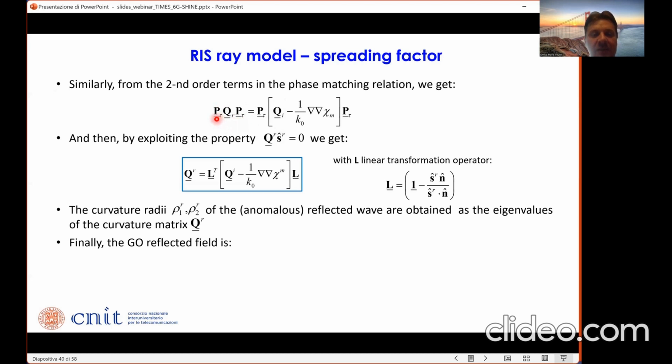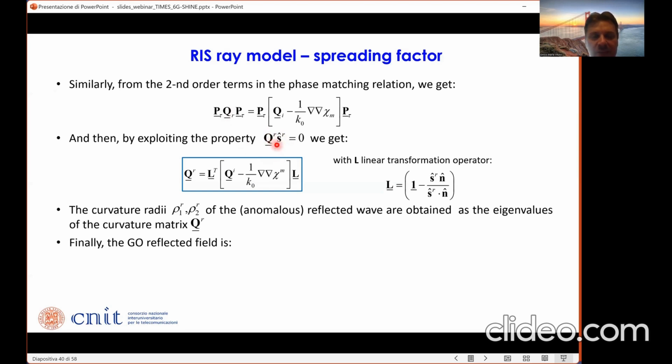So we have this multiplication of Q with the tangent projection operator P. But we can derive the complete expression of the curvature matrix of the reflected wave by imposing this property I presented before.